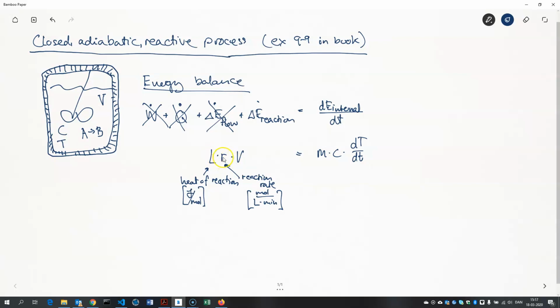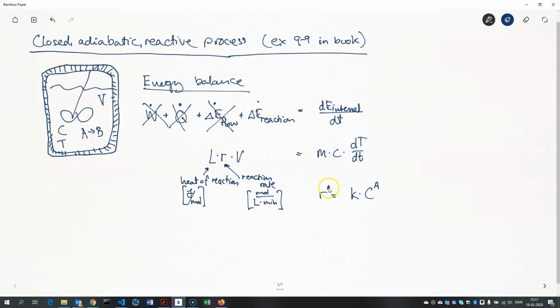Let's look at the reaction rate here. If it's a first order reaction, then the reaction rate is given by a reaction rate constant times the concentration of the reactant. And I should say that when I say C here, the concentration, I mean the concentration of the reactant.